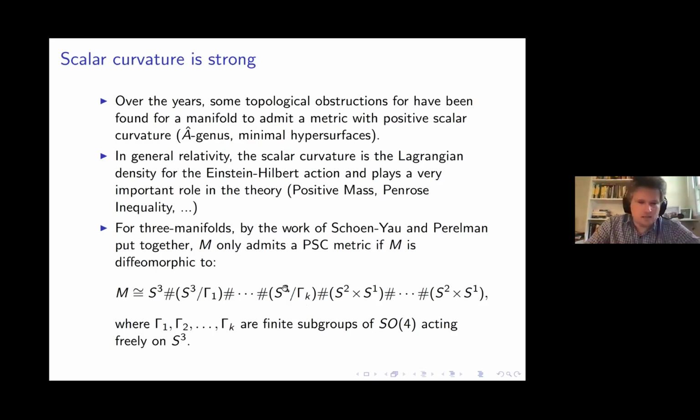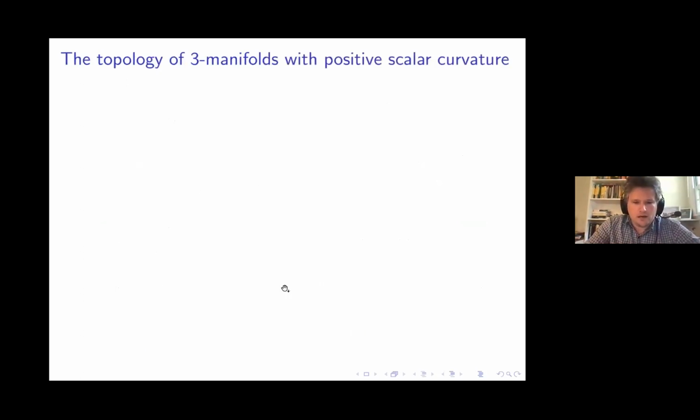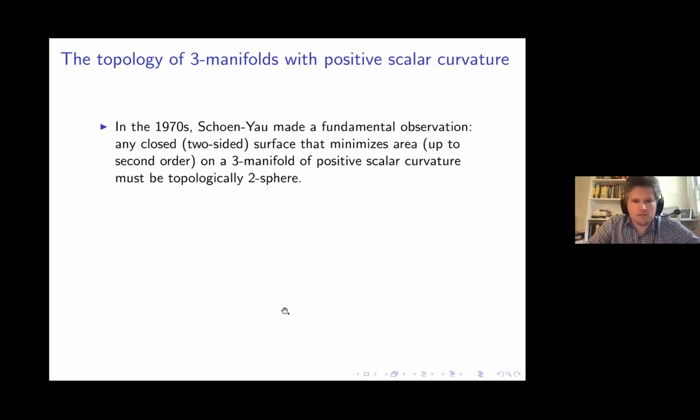Okay, so maybe I can say a little bit how that goes, because it will come back in the talk. So for example, if you take a three-torus, this is the classical example, right? The observation that they made is that if I have a surface in a three-manifold of positive scalar curvature that minimizes area up to second order, these kinds of surfaces we call stable surfaces.